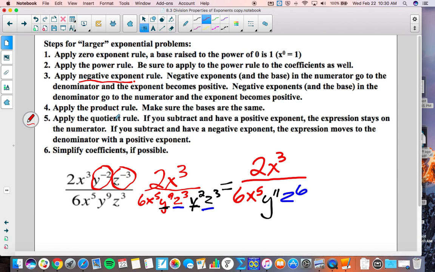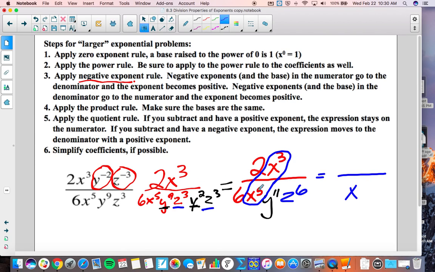Now I've got the quotient rule. If we see the same base on both sides of the fraction, they're battling. So right here we have a battle. Who's going to win the battle of the x's, the top or the bottom? Well, the bottom has more, so the bottom will have the x's. How many more does the bottom get?